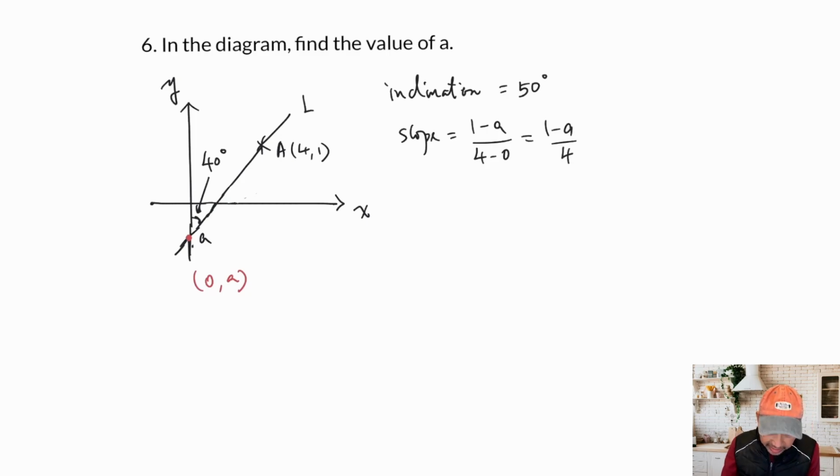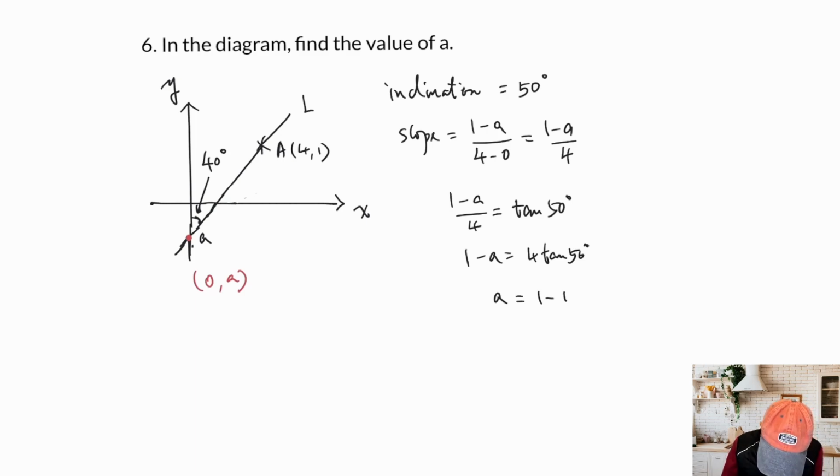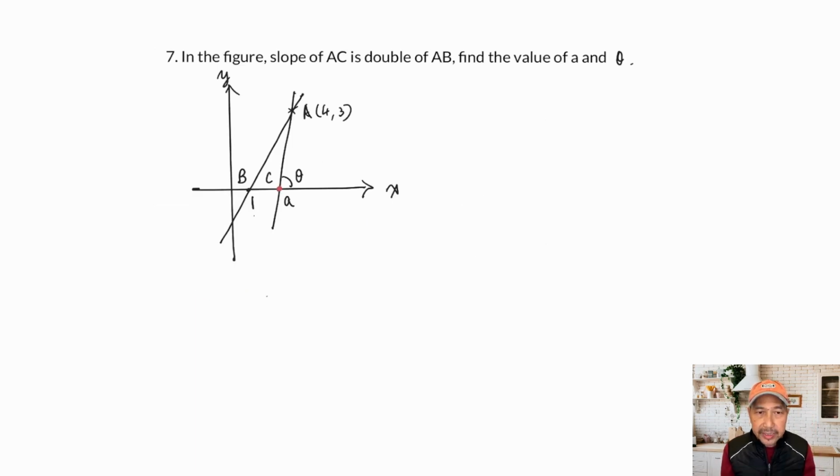Because we have the inclination, we can use the formula slope is equal to tangent 50 degrees. So 1 minus a over 4 is equal to tangent 50 degrees. And then 1 minus a is 4 times tangent 50. We can rearrange everything and use the calculator, and it will give us the answer negative 3.77.